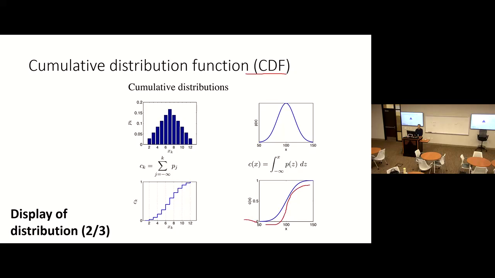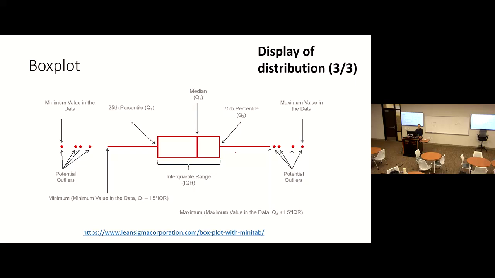This goes from 0 to 1. Your curve will eventually reach 1 once you cover all possible values in the distribution's allowed range. And this is called a box plot. This is a horizontal way to show it, or you can put it vertically.